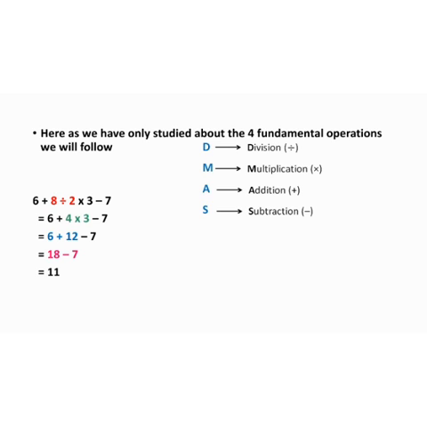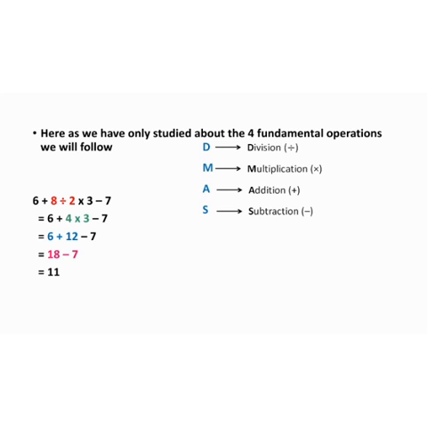So, we have to do 8 divided by 2 first. So, this will be 6 plus 4 into 3 minus 7. Now, we have to do the multiplication. So, 6 plus 4 into 3, it is 12 minus 7.